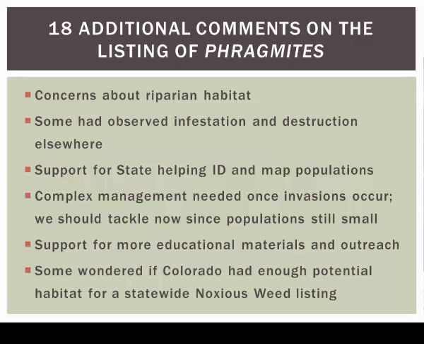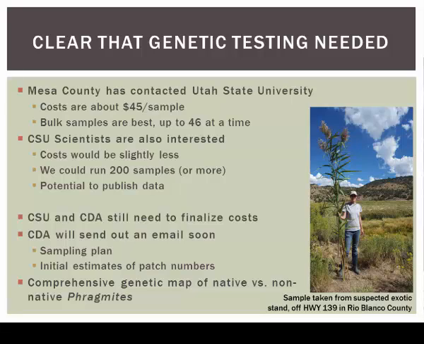There was a lot of support for more educational materials and outreach. So what really came down as the conclusion is that it's clear that some kind of genetic testing or some kind of statewide supported testing is really needed. So that's what we hope to do this year.